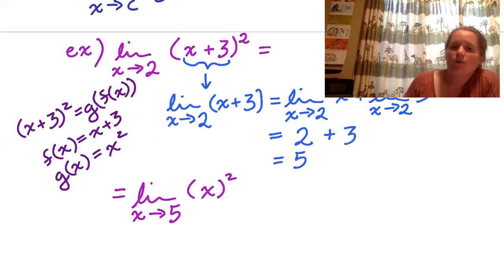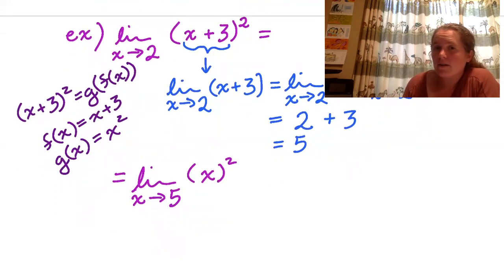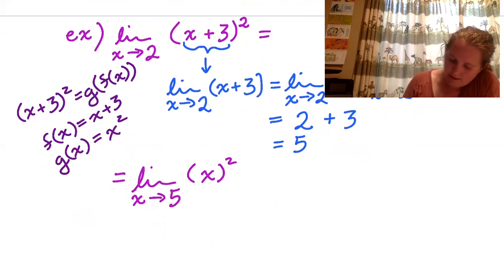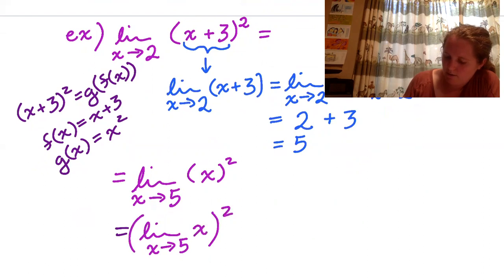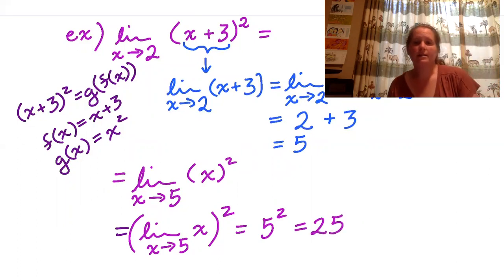Right, so now we can focus on the limit as x goes to 5 of x squared, and this is just the limit as x goes to 5 of x, that whole thing squared, or 5 squared, or 25 by the identity.